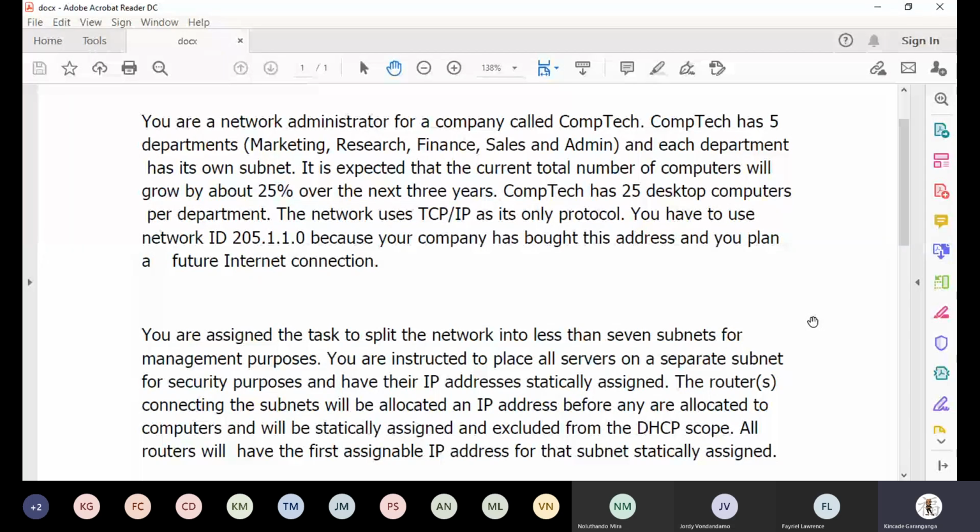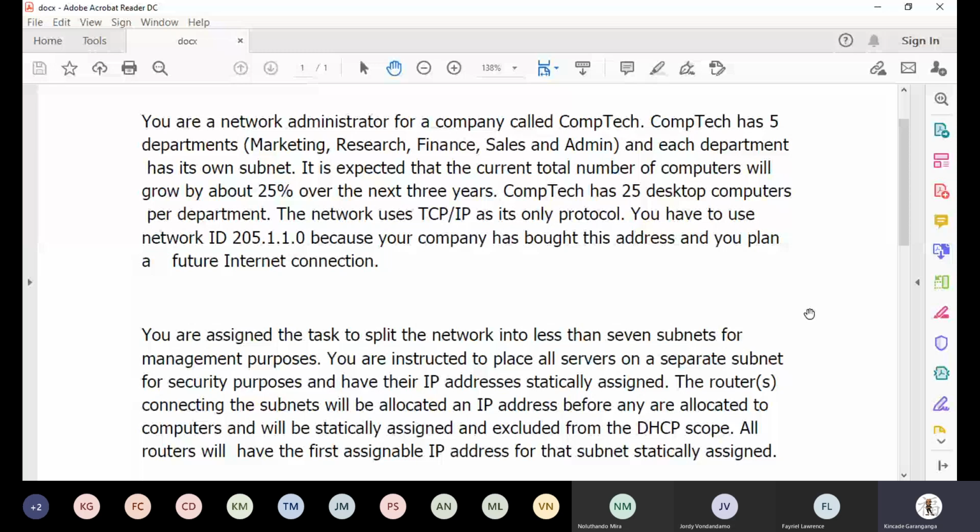So you've got an IP that's been bought as far as this particular institution goes, and naturally you're looking at setting out a future internet connection as far as that distinctive IP goes. So we've got 205.1.1.0. I think we all know that that falls in the class C range as far as your IPv4 is concerned.